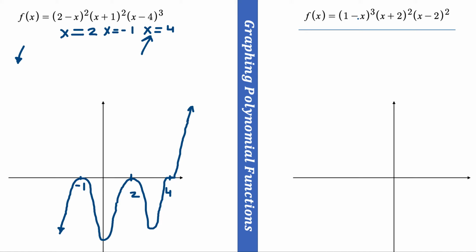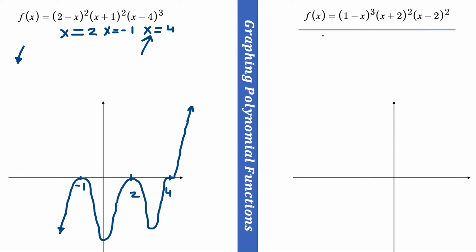So we already know the leading coefficient here is going to be minus. And the others are positive. Negative times positive is negative, negative times positive is negative. So the leading coefficient is going to be negative.